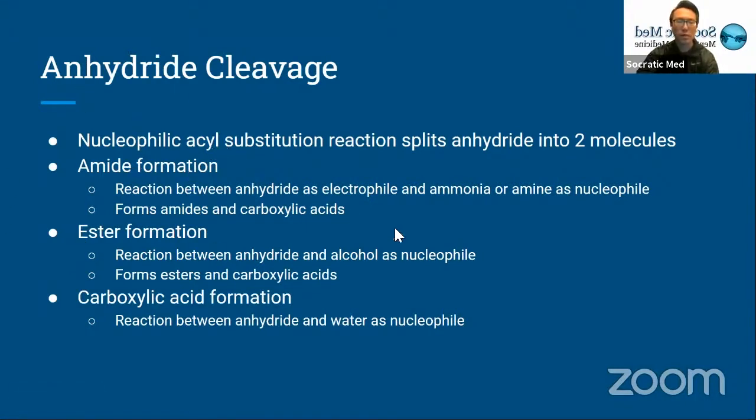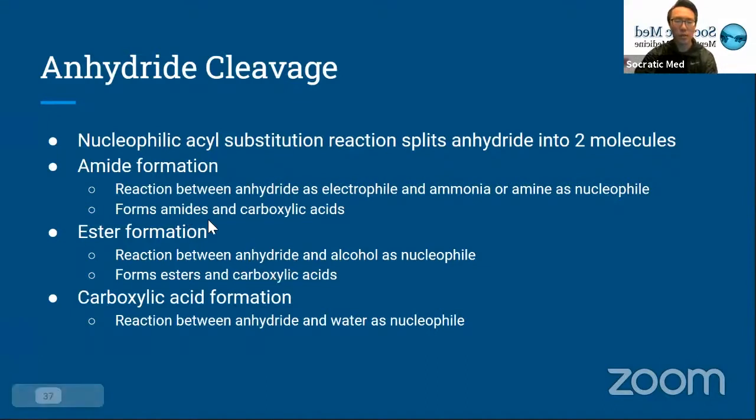This is similar to, it's like the opposite reaction of forming an anhydride. So instead of reacting two groups to form an anhydride, you react an anhydride in order to form two other functional groups.